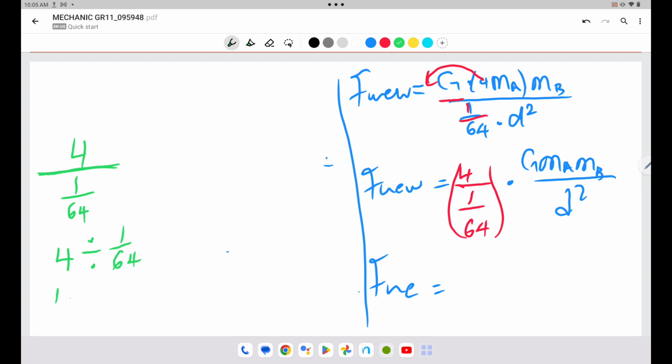And if you want to change this into multiplication, then you need to invert the fraction. So you're going to have multiplied by 64 over 1. So that will, at the end of the day, just simply be 4 multiplied by 64. Let me grab my calculator. 4 multiplied by 64, that will be 256 multiplied by F.